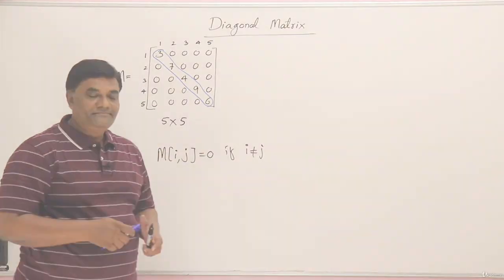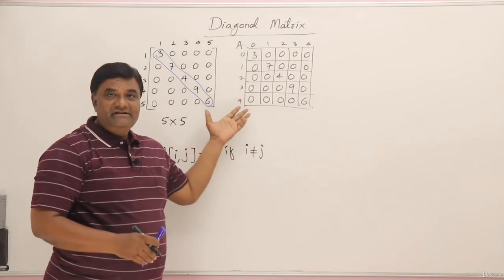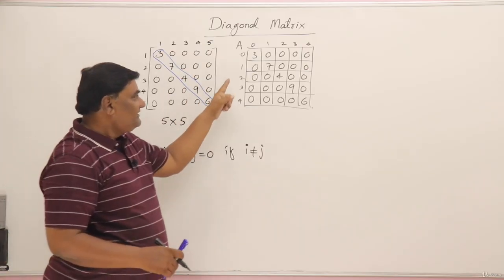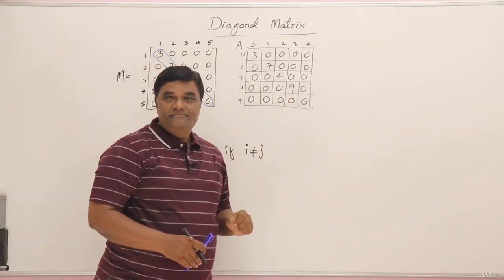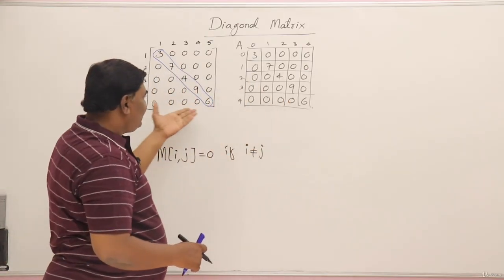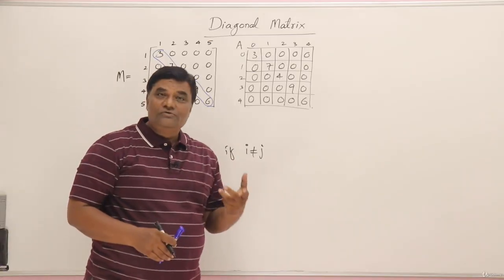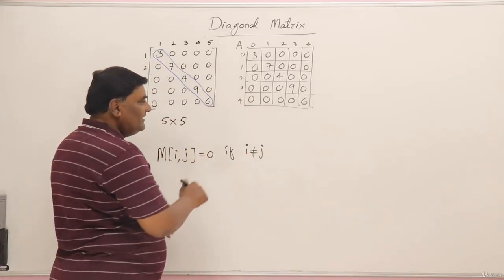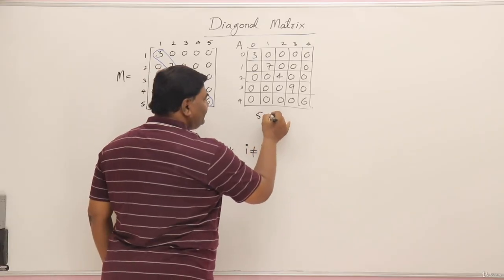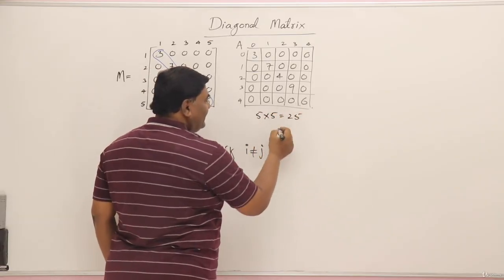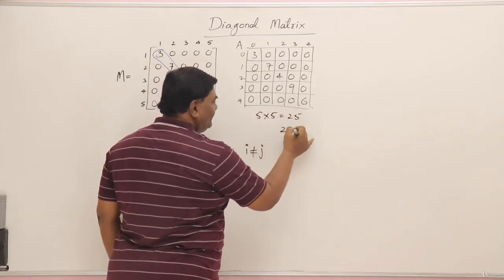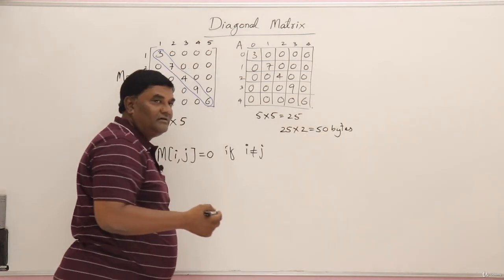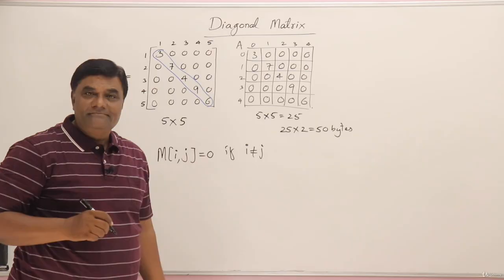If these are integers and an integer is taking 2 bytes, then how many bytes of memory is this array consuming? There are 5 into 5, that is 25 elements, and each element is taking 2 bytes for an integer, so it is taking 50 bytes. 50 bytes of memory it's consuming.